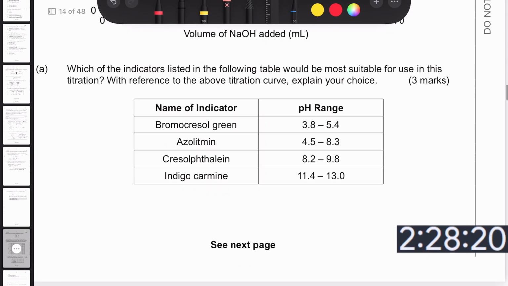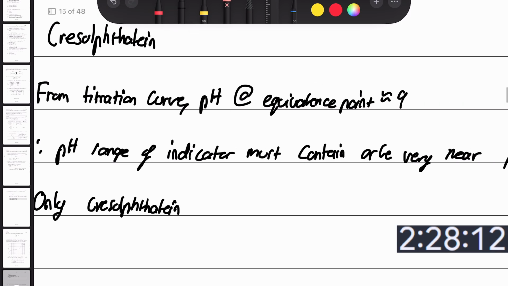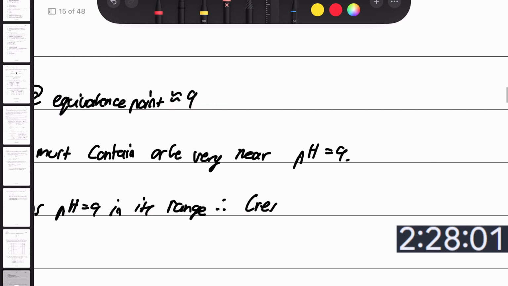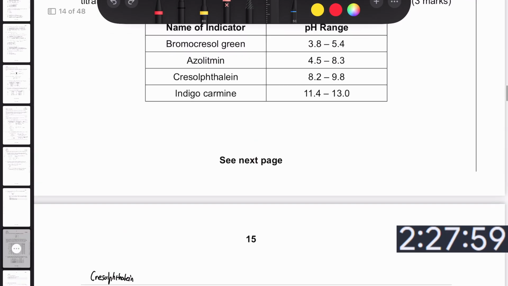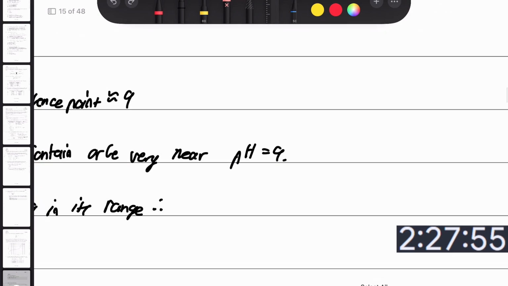Only cresolphthalein contains pH of 9 in its range. Therefore, cresolphthalein is the best indicator. Therefore, most suitable.